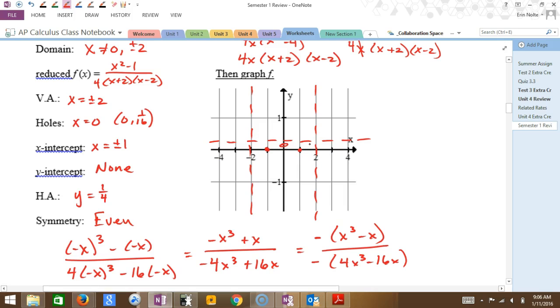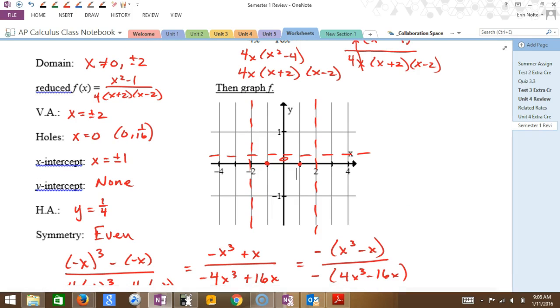The other piece of information that is valuable when you're graphing is your vertical asymptotes, knowing if they're even or odd. What kind of vertical asymptotes do I have? Do you remember where I'm looking for that? I'm looking at my reduced function, and I'm looking at the exponents. Are they even or odd exponents for the x plus 2 and the x minus 2?